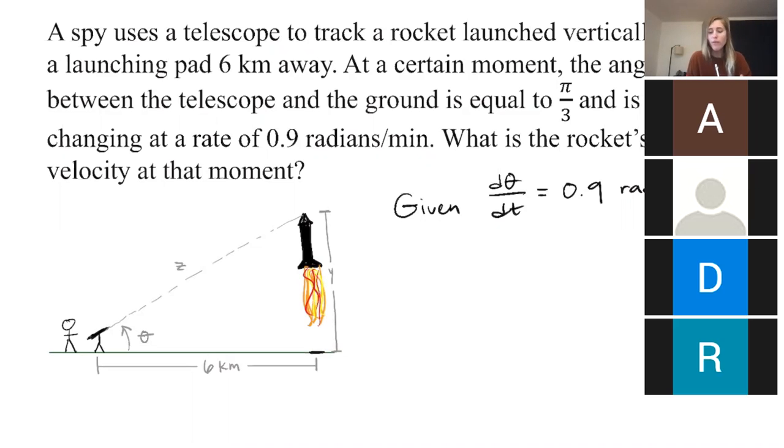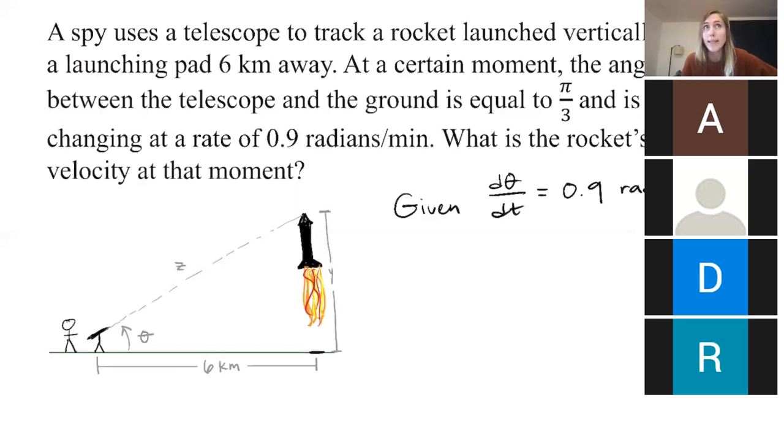We are trying to find the rocket's velocity. So how fast the rocket is traveling with respect to time. And its direction, right? Velocity is a vector quantity. It has both magnitude and direction. So to describe the velocity, I'm going to use y, how fast y is changing with respect to time.